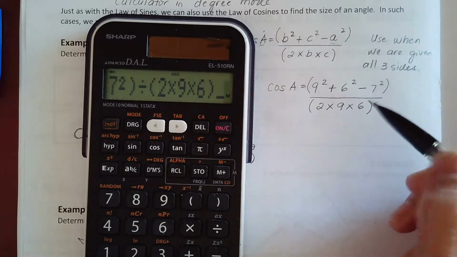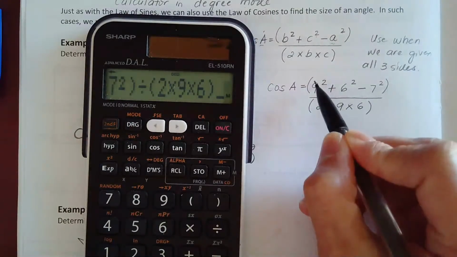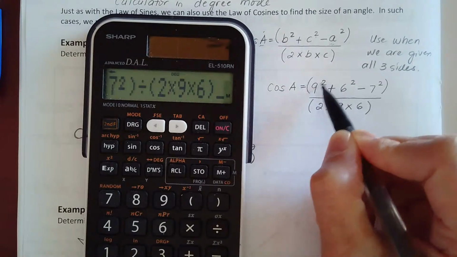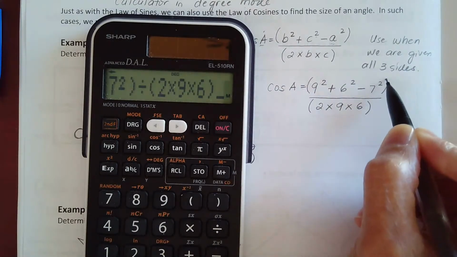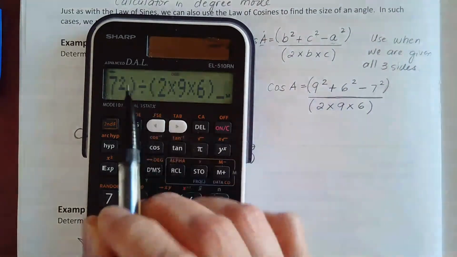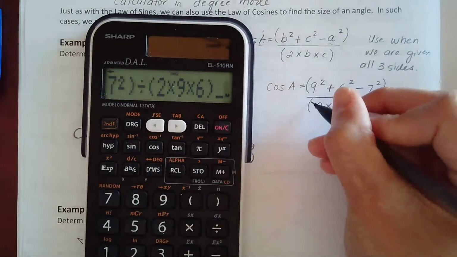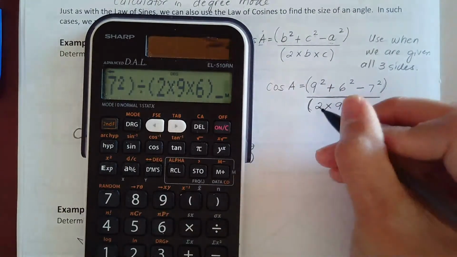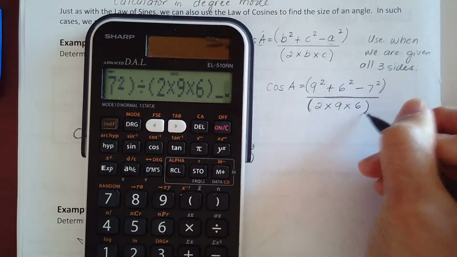Okay, so I've typed everything in. I put the brackets where they belong, and I typed in brackets 9 squared plus 6 squared minus 7 squared, and then I close that brackets, and then I press divide, so that's right there in my calculator. So divide, and then I put the brackets in again, and then 2 times 9 times 6, and then I close the brackets.